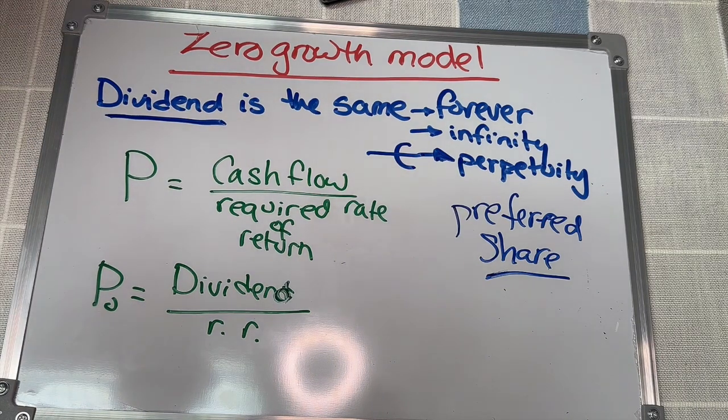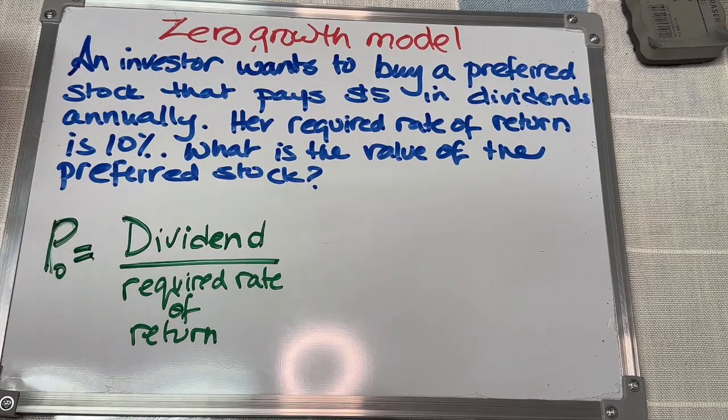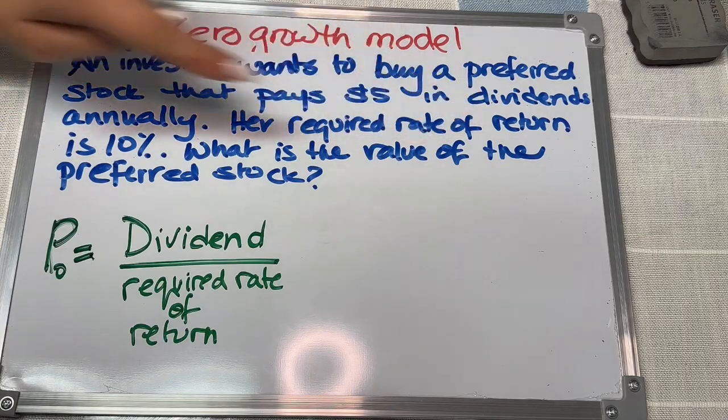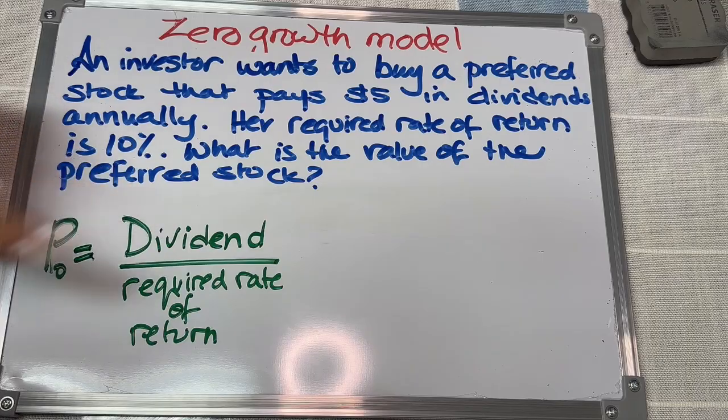Let's do an example together. So let's look at this example of a zero growth model of how to do the calculation. So you have an investor that wants to buy a preferred stock that pays $5 in dividends annually. Her required rate of return is 10%. What is the value of the preferred stock?